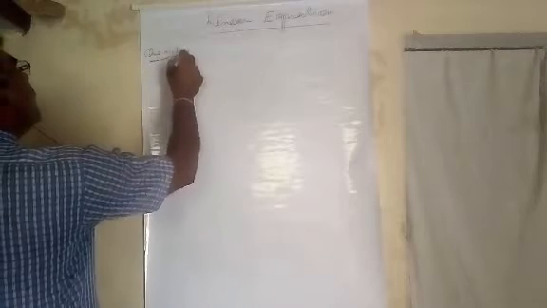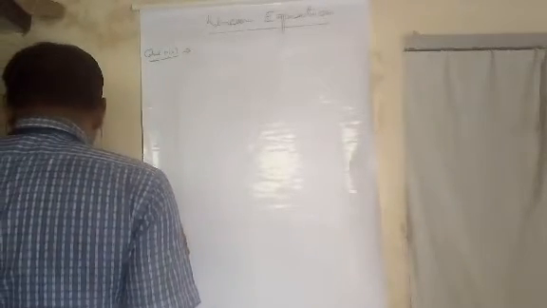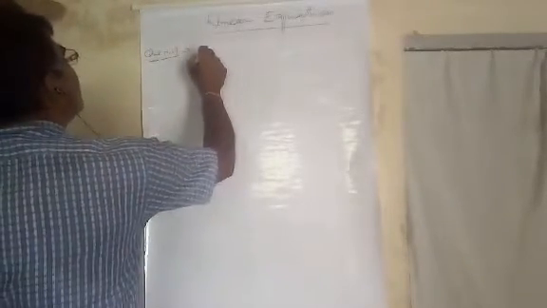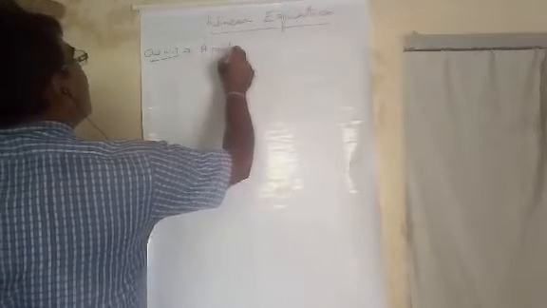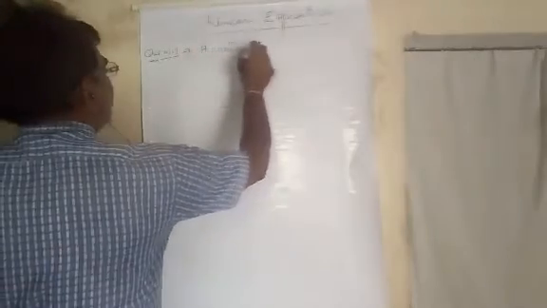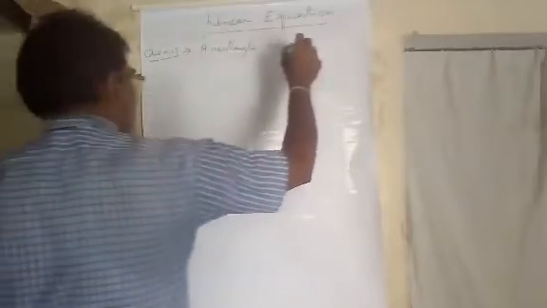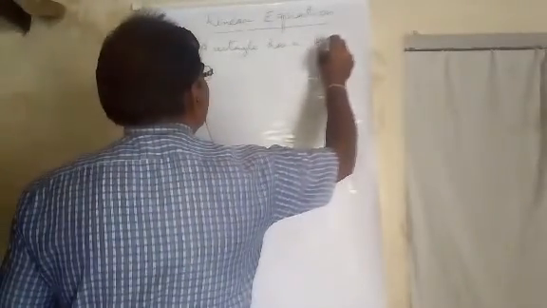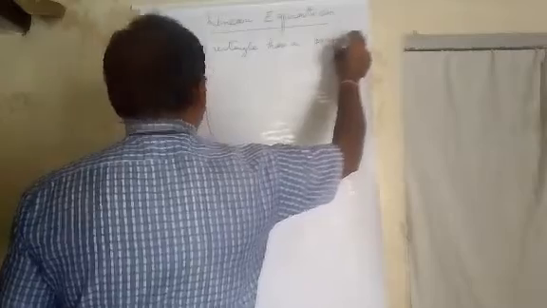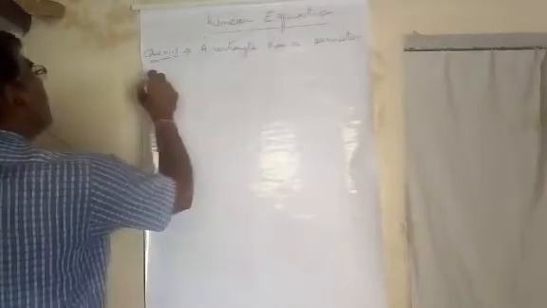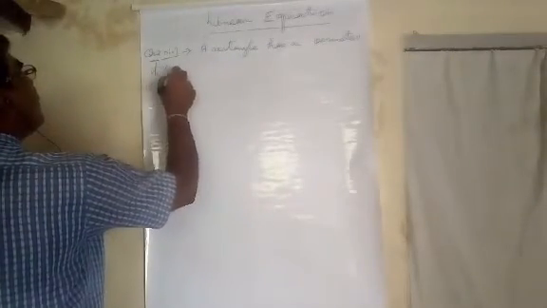Question number 1. A rectangle has a perimeter of 96 centimeter.